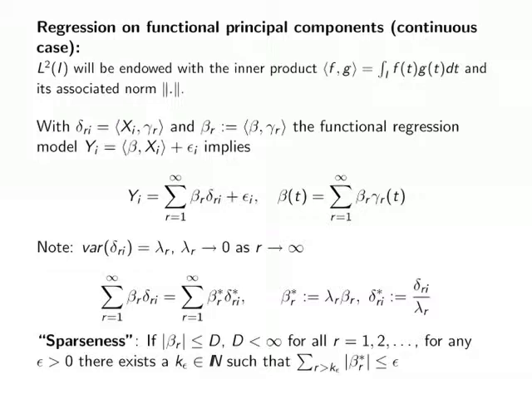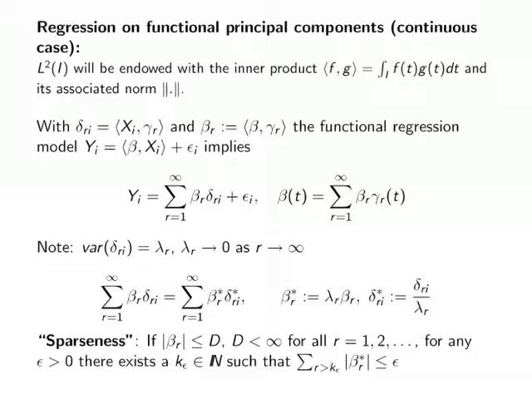You can also expand your beta, your slope function, in terms of this basis, and then you can rewrite your regression model in this form, that yi is the sum over r from 1 to infinity, beta r, delta r plus epsilon i, where beta r is just the coefficients of beta in the approximation in terms of principal components.